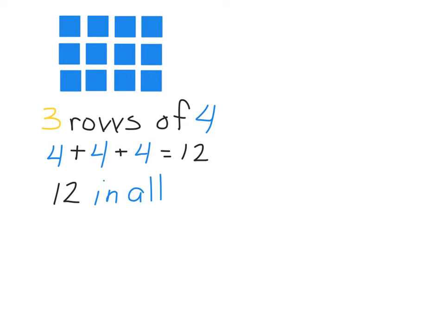So let's take a look at this array. Why are there 3 4s written as add-ins in this number sentence? Well, each 4 stands for the 4 tiles in each of the rows. So this number sentence is called repeated addition.